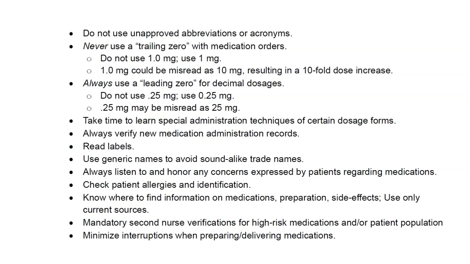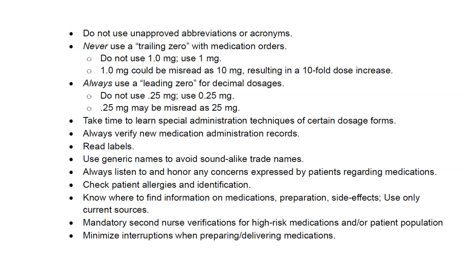And similarly, always use a leading 0 for decimal dosages. So if the order is 0.25 milligrams, don't write .25 milligrams. You have to put the 0 before the decimal point, because this can be misread as 25 milligrams, and that's insane. That's a lot more than what you're supposed to be giving your patient.